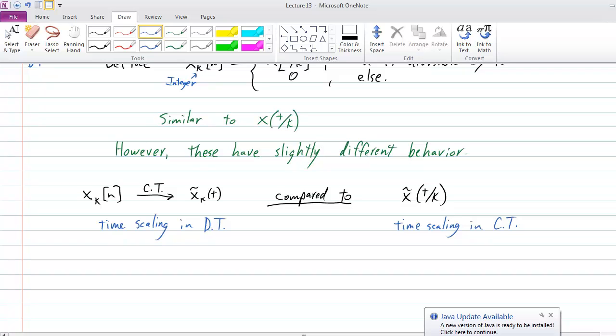So for the Fourier transform, call it X of f. Remember, for the Fourier transform, it's not a sequence of coefficients, it's a function of f.